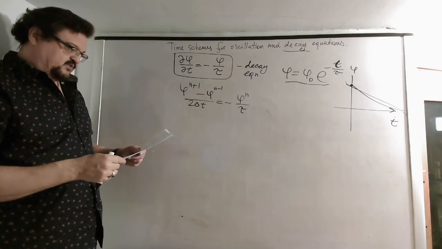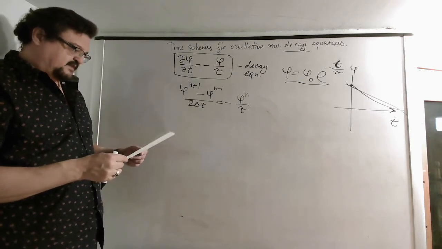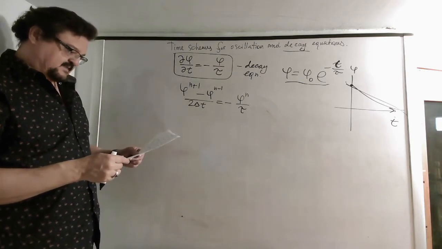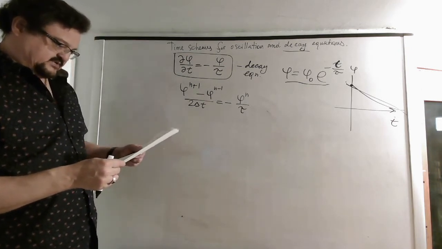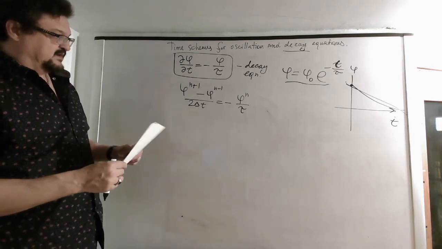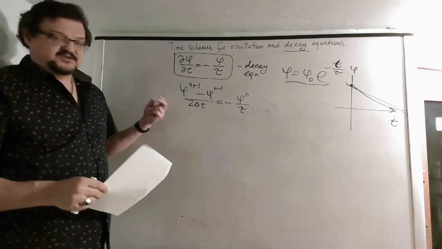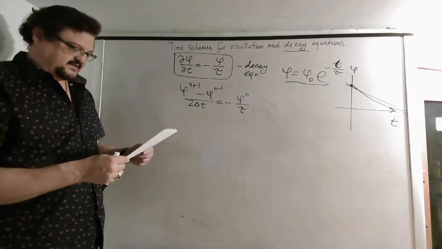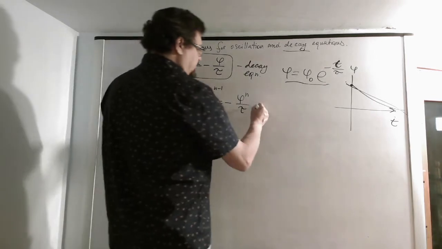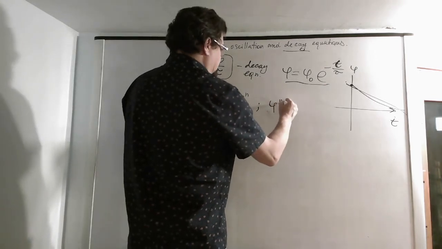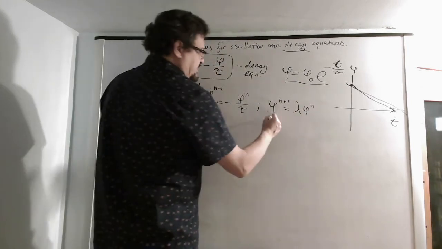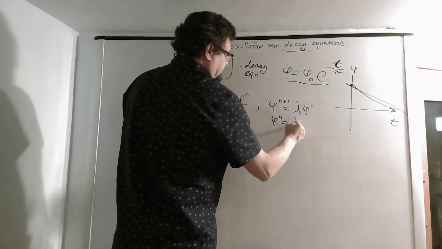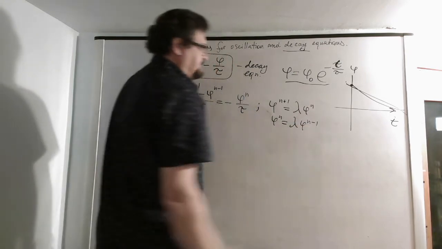So now if you solve this equation, you may find out that if you use it like this, you have 2 amplification factors, and again, as we did before, you define amplification factor as the following: phi n equals lambda phi n minus 1.